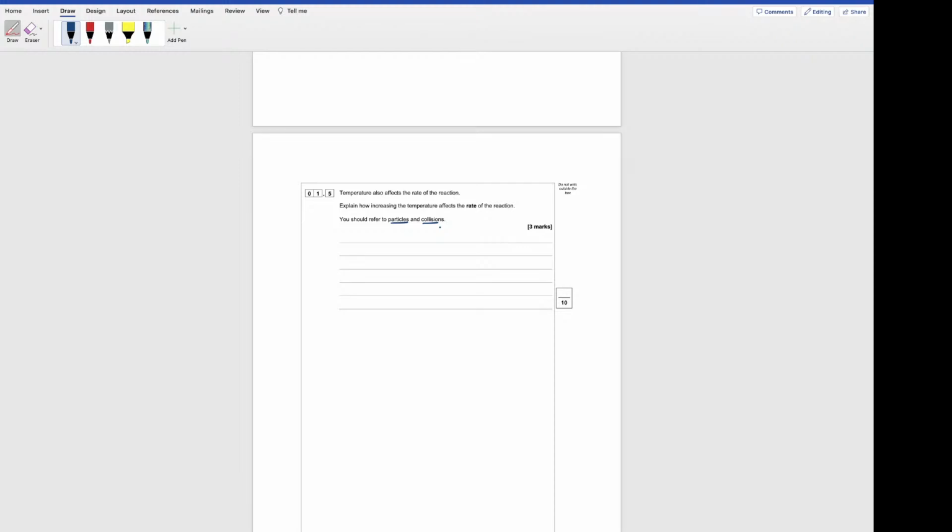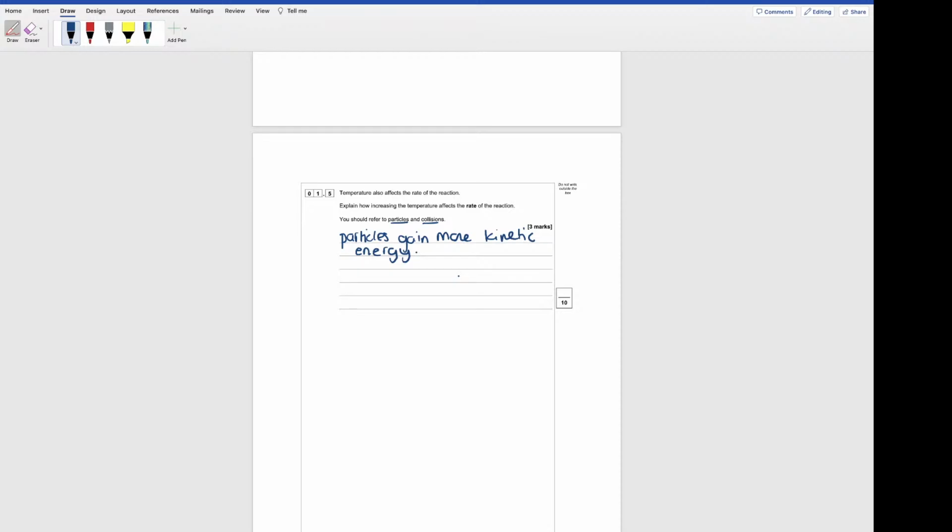So we need to talk about how temperature affects rate. Well, if you increase the temperature, particles gain more kinetic energy. They move more. If they get more kinetic energy, they're going to move more.